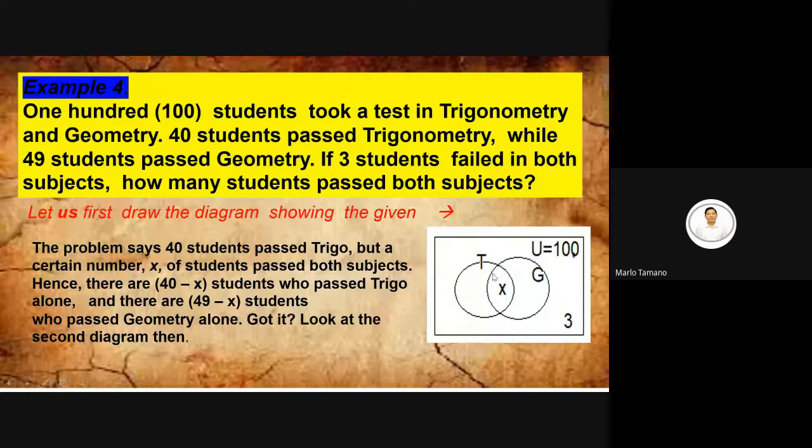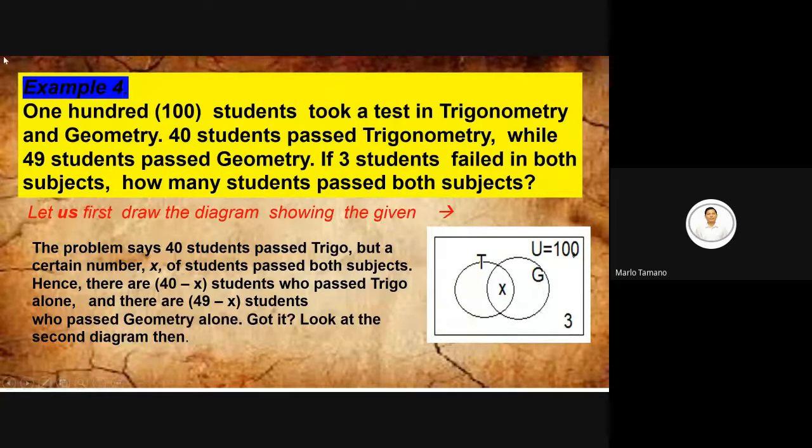Then, gawa po kayo ng dalawang circles, magkapatong po, bahagya. Then, lagyan ng T, stands for trigonometry. Then, G stands for geometry. Then, 40 students passed trigonometry. Ilagay niyo dito 40. Then, doon naman sa 49 students passed geometry, ilagay niyo naman dito ang 49.